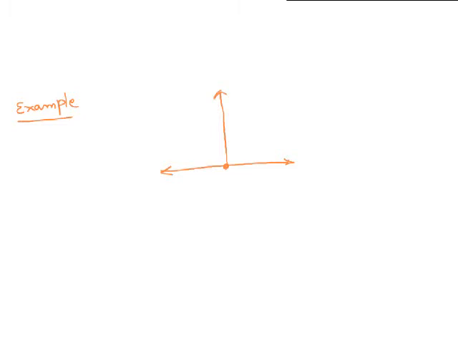The magnitude of this force is 500 newtons, this force is 100 newtons, and this force is 300 newtons. Because we have three forces, we need to reduce them to two forces meeting at a point. Then we can apply parallelogram law.